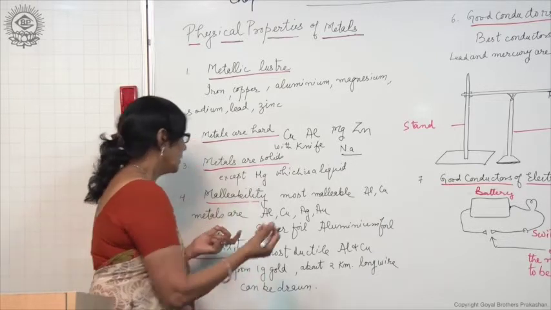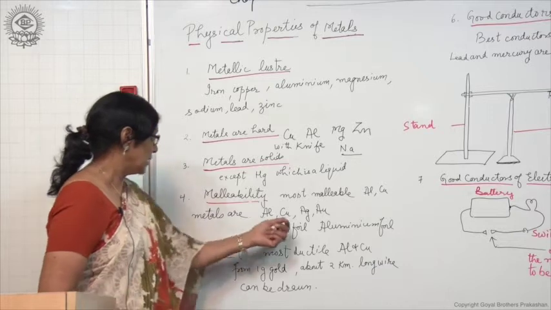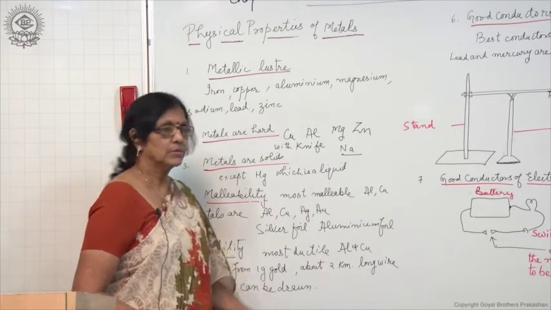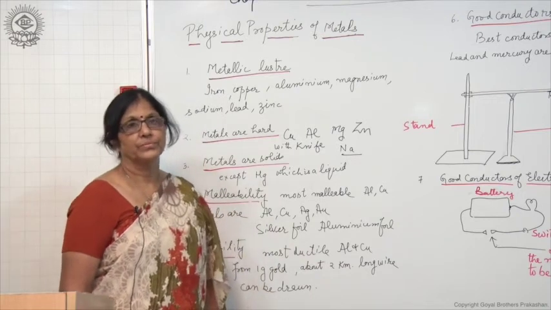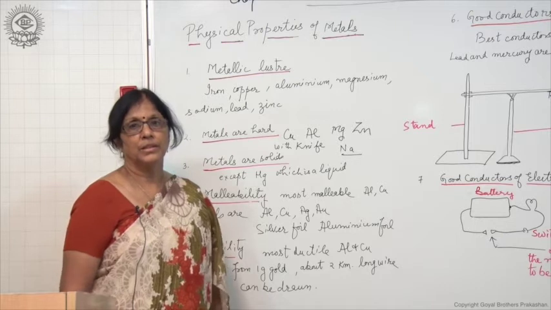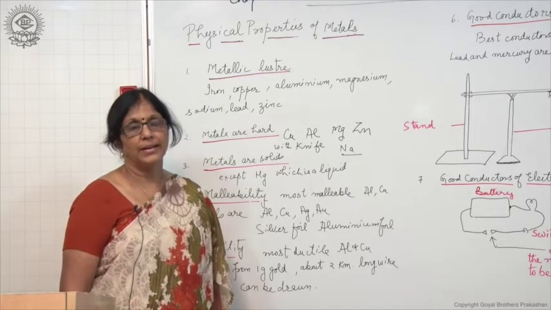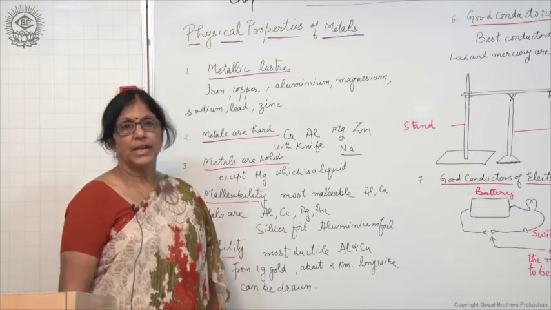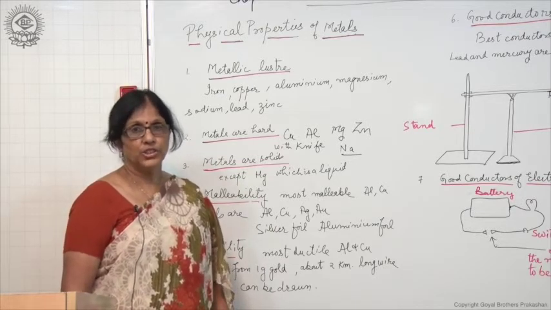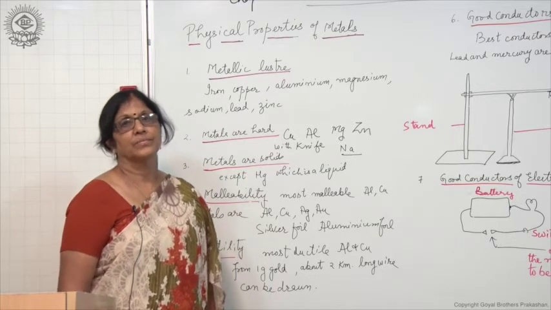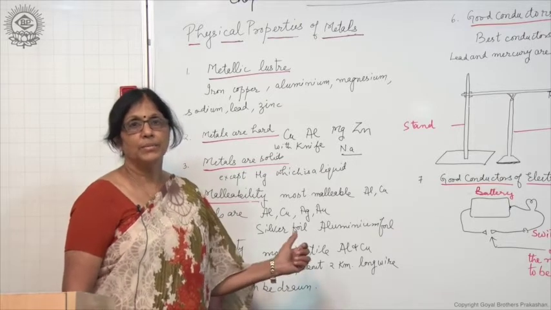Also, again an activity you can perform: take some pieces of metals like aluminium, copper, silver, gold, place them on an iron block and hammer them. What do you see? You will find that you get a sheet on hammering, and this property is called malleability.